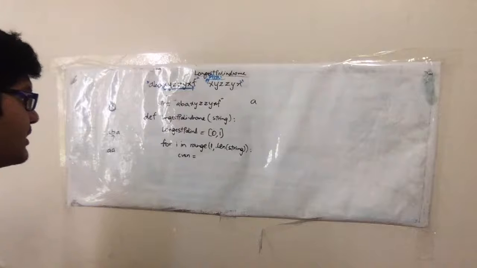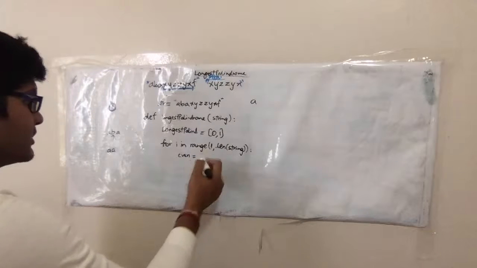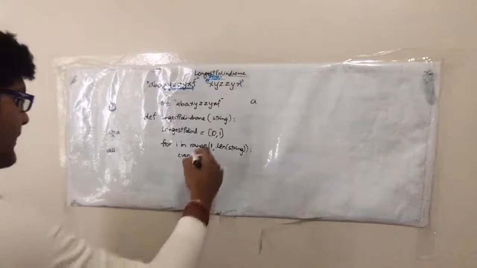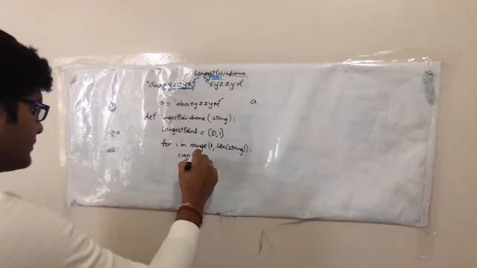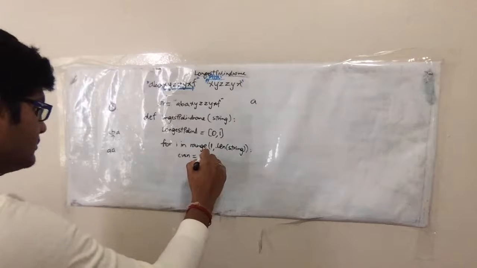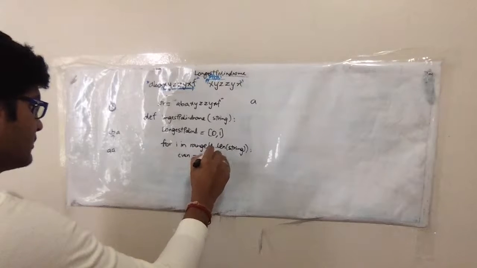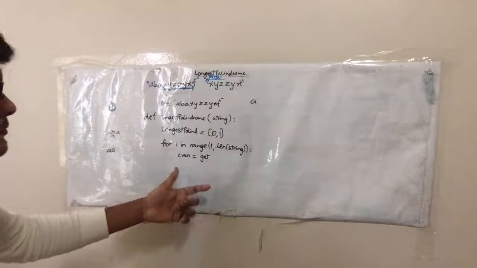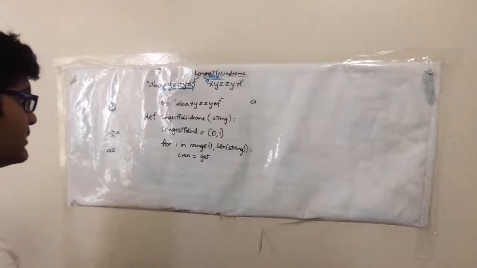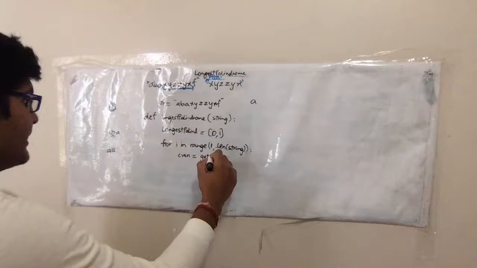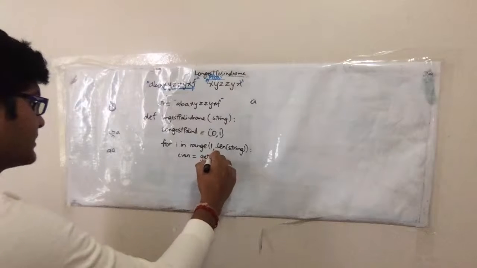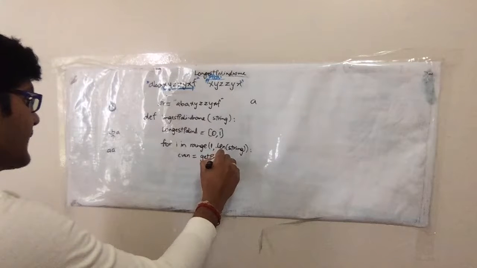For that, I will create another function, a new function, like get palindrome indexes.